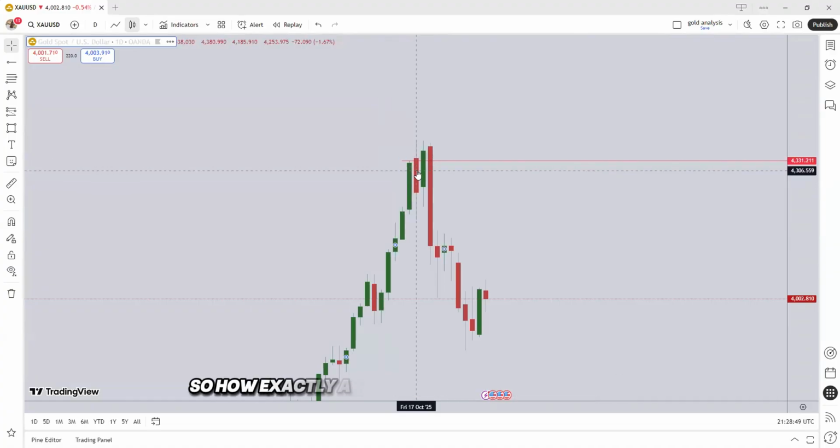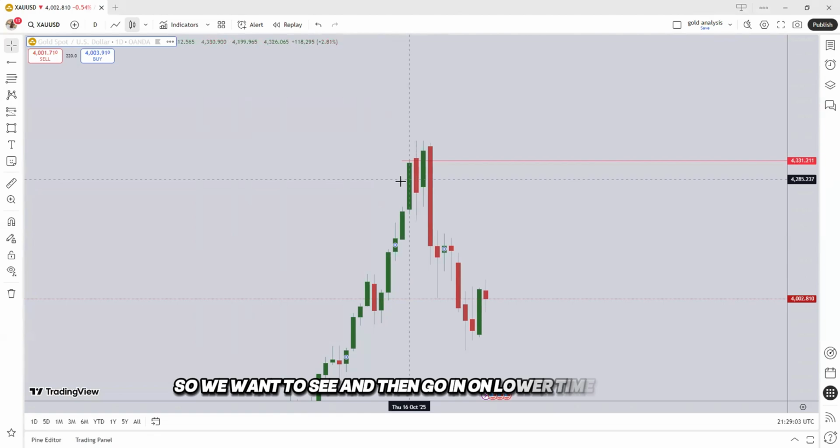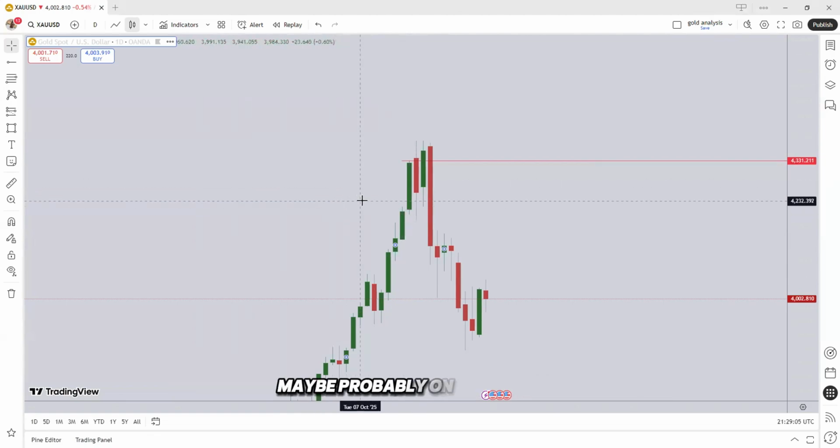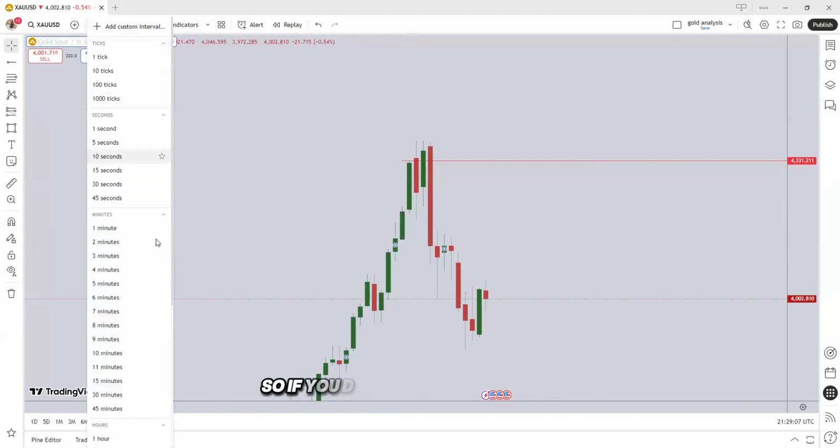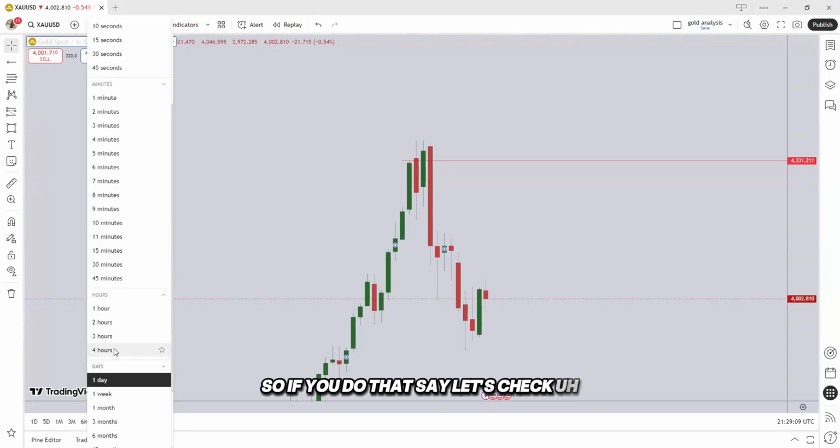So how exactly are we supposed to capitalize on this? This is what we do. When we see this, we want to see an engulfing into this level. This is a daily candle anyway, so we want to see an engulfing on lower time frames, maybe 1 hour or so. Let's check the 4 hours.